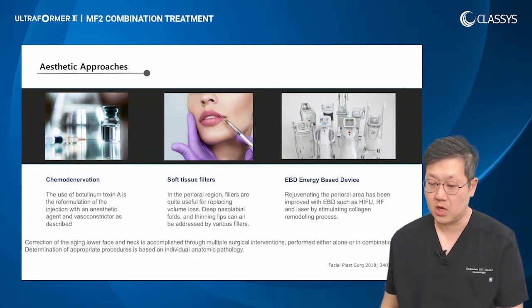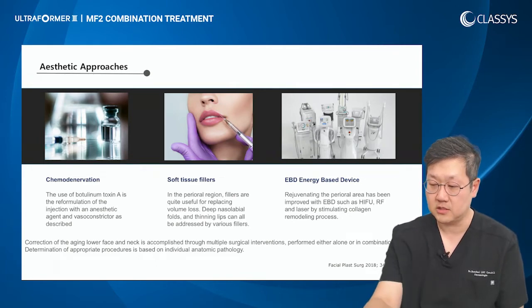You can use chemodenervation using botulinum toxin, or you can use soft tissue fillers mostly for volume augmentation, or other energy-based devices.